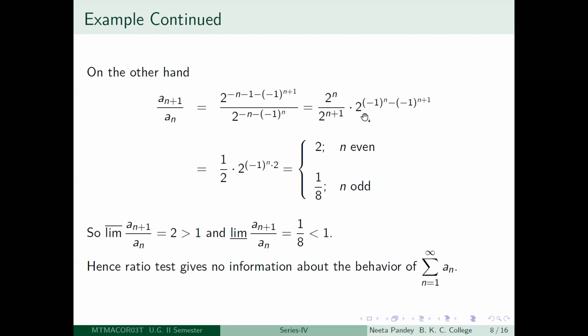And what is the second part? Let us write it separately. For the second part you get 2 to the power minus of minus 1 to the power n, so that becomes 2 to the power minus 1 to the power n, right? And this becomes minus of minus 1 to the power n plus 1.